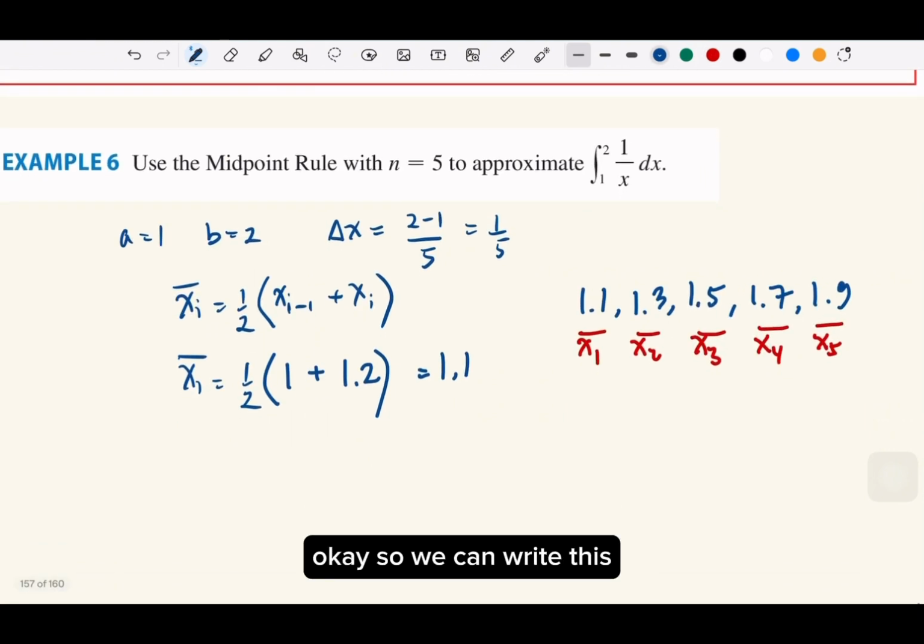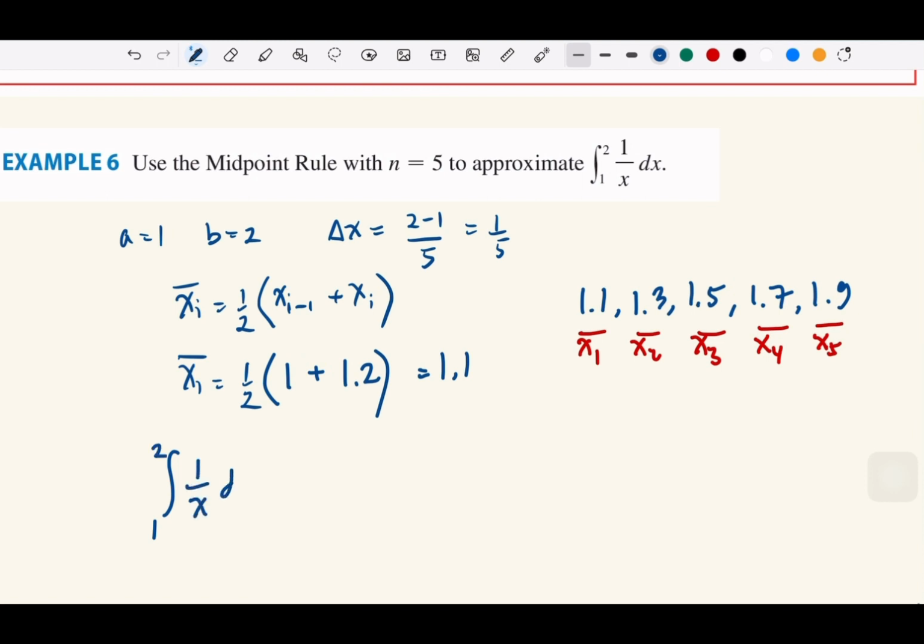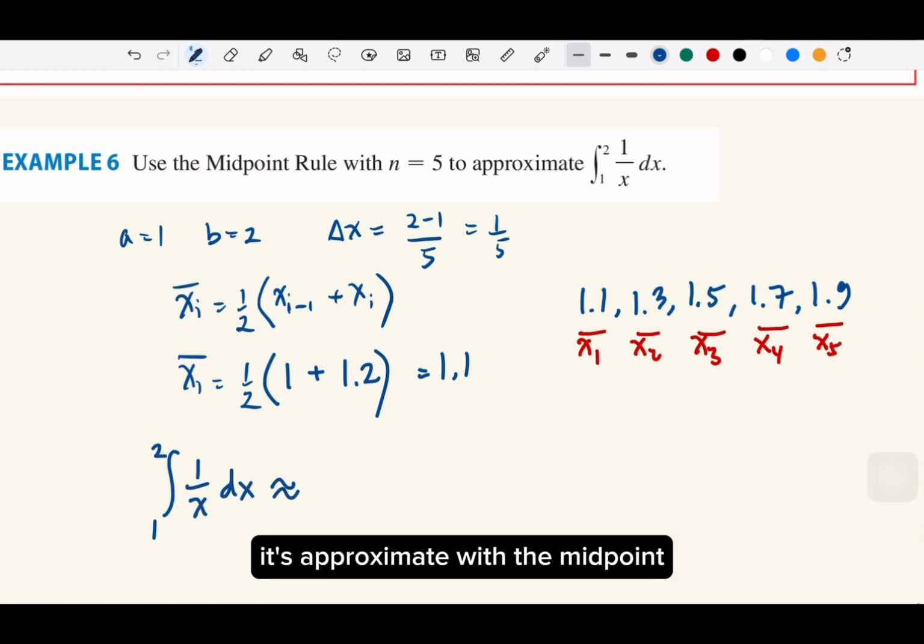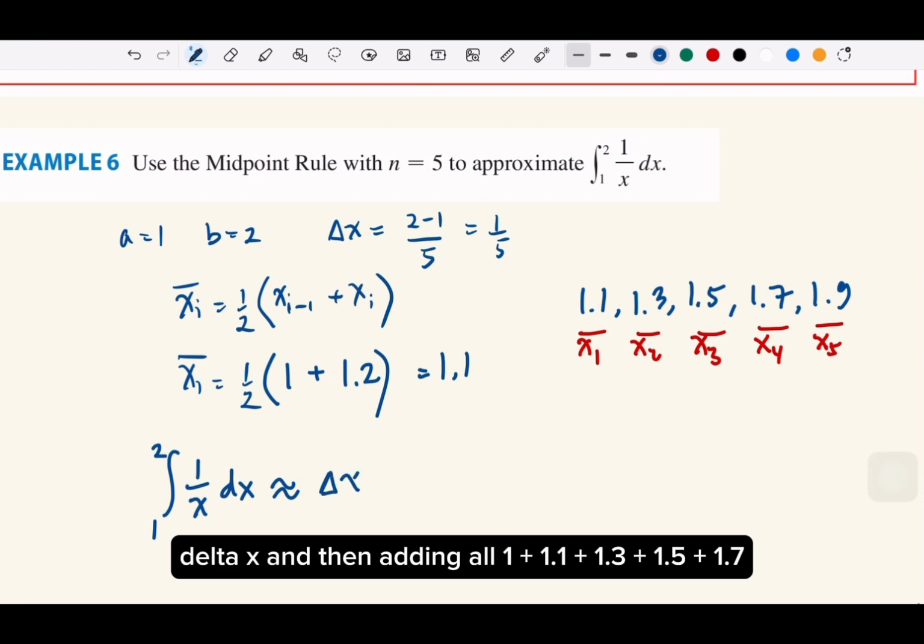Okay, so we can write this. It's approximated with the midpoint, delta x, and then adding all: 1.1 plus 1.3 plus 1.5 plus 1.7 plus 1.9.